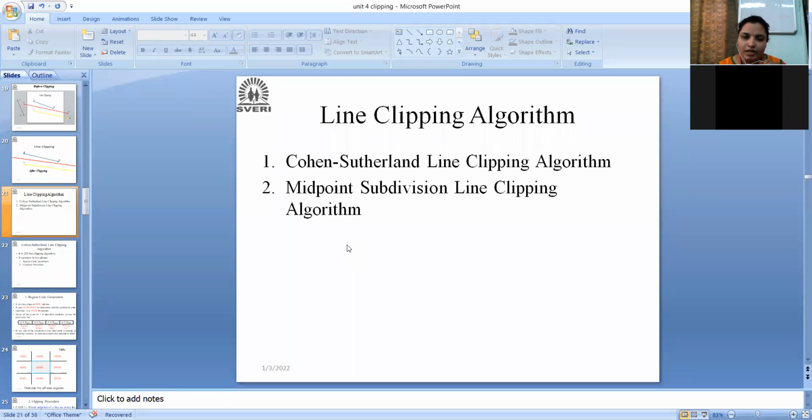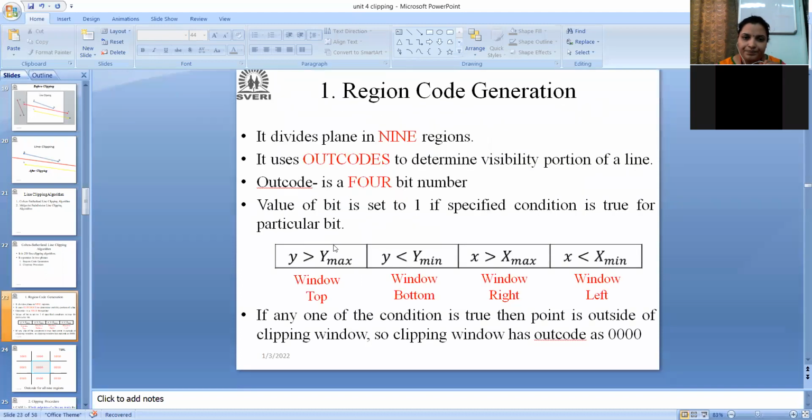A 4-bit binary region code is given to every portion. Left, right, top and bottom indicate the specific region codes, and we have studied those 9 region codes.